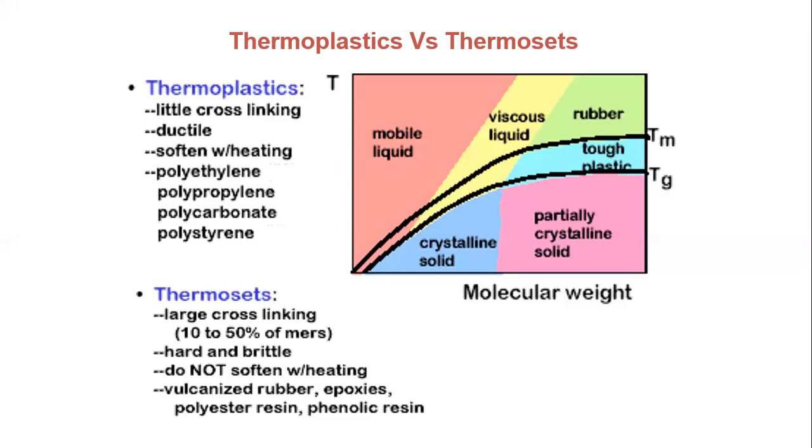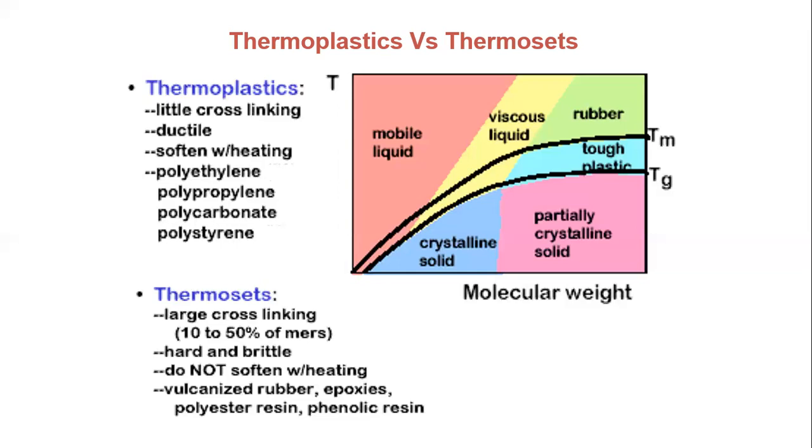In the picture we can see the graph comparing thermoplastics versus thermosetting resins. We have two different temperatures here. First one is the glass transition temperature, second one is the melting temperature. So Tg is the glass transition temperature, Tm is the melting temperature.